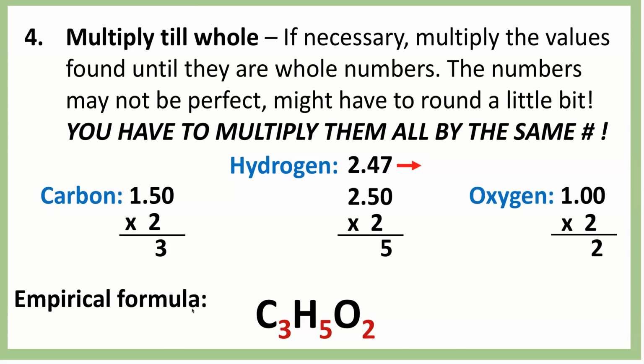Obviously, right here in the middle, 0.5, you're going to multiply till whole. If you're at 0.3 or 0.75, you're probably going to multiply till whole. There's a little bit of a gray area between 0.75 and 0.9. You've got to play with it and see what makes sense if you come across those examples.